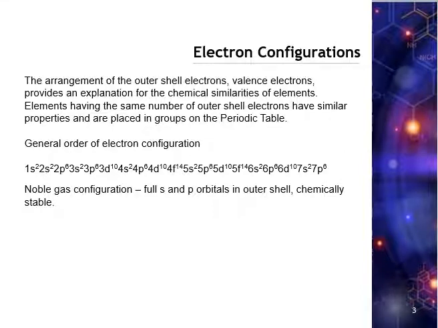This is the electron configuration for element number 118. A noble gas configuration has a full s and p orbital in the outer shell, the valence electrons, and they are chemically stable.